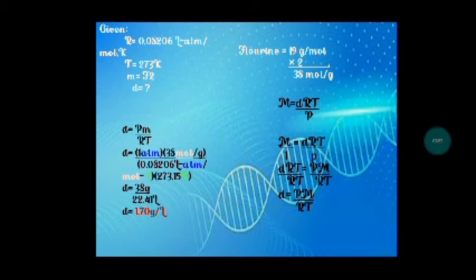Because atm is the same unit, we cancel out both atm, and also the Kelvin and the mole. So the remaining unit is the gram and the liter. So the density, the result, is 1.70 gram per liter. This is now the density.